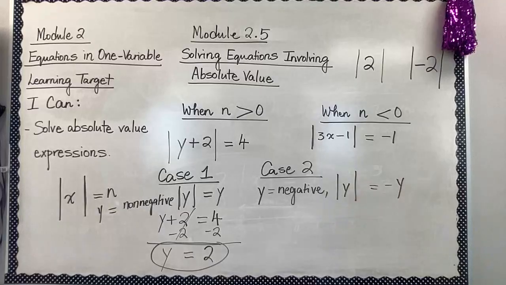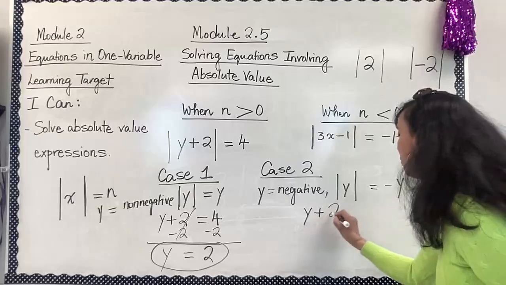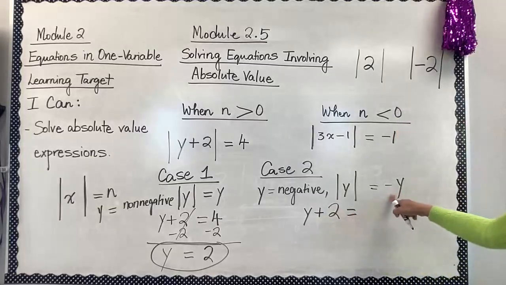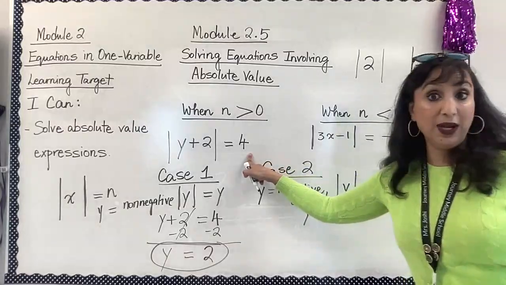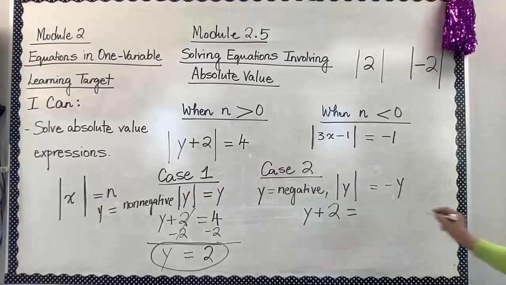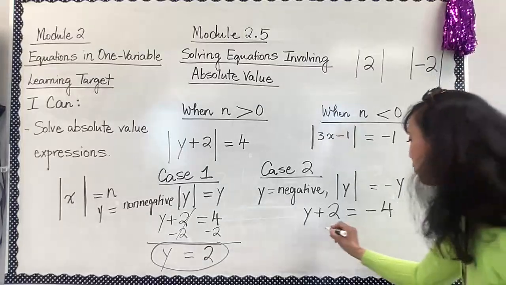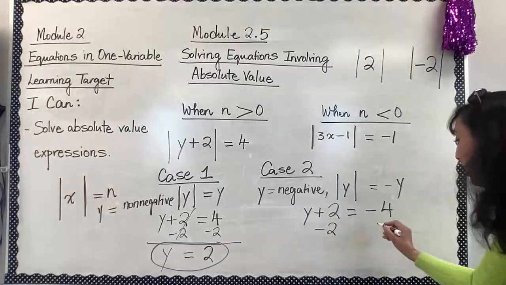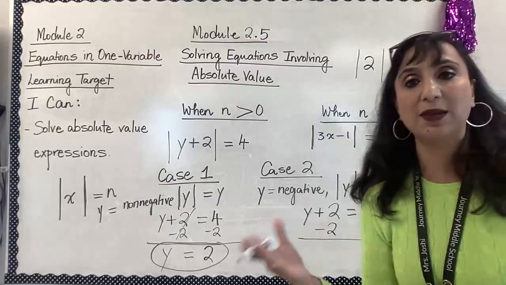Now let's look at case 2. In this, y plus 2 is equal to my negative 4. So it can be 4, it can also be negative 4. And when I solve it, again, I'm going to use the subtraction property of equality and subtract 2 from both sides, because the inverse of addition is subtraction.